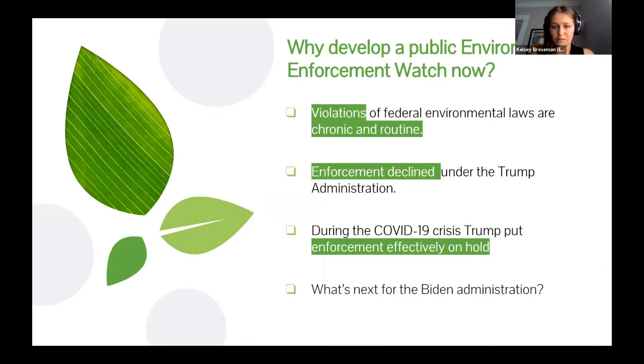Enforcement hasn't been good for a very long time, and it got worse under the Trump administration. But it's not just the Trump administration, it's a much longer line. The whole line is pretty downward trending on enforcement, which means that what's being enacted as environmental governance federally isn't really working the way that it is designed to.